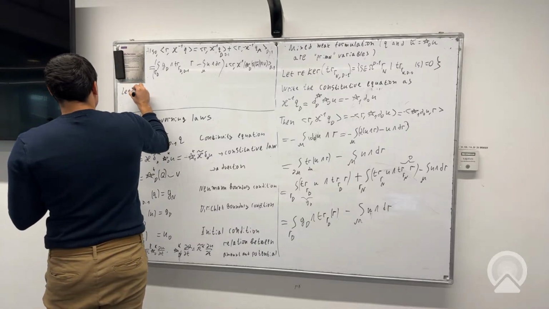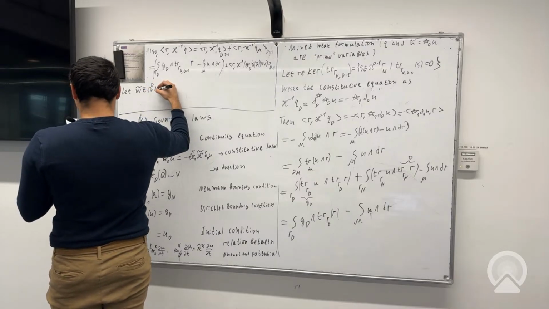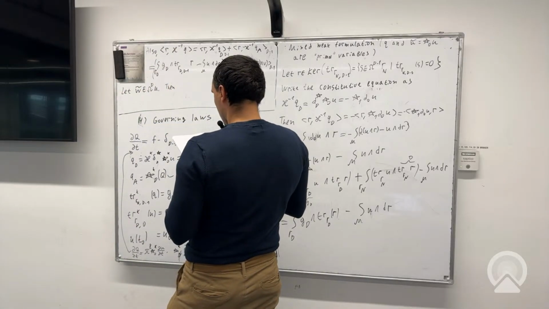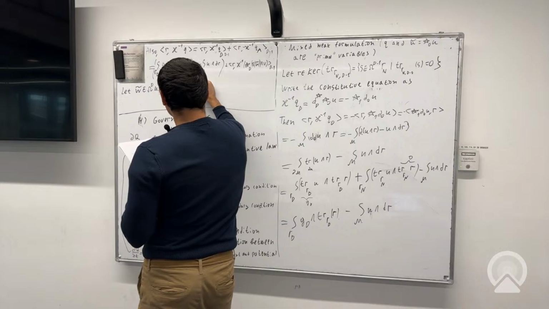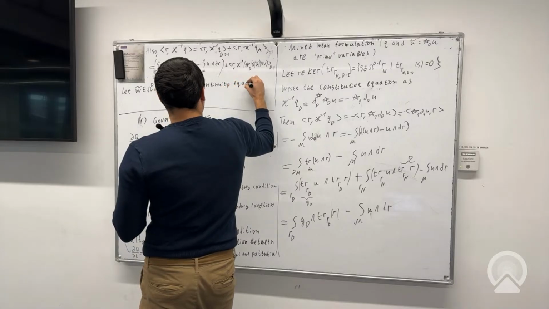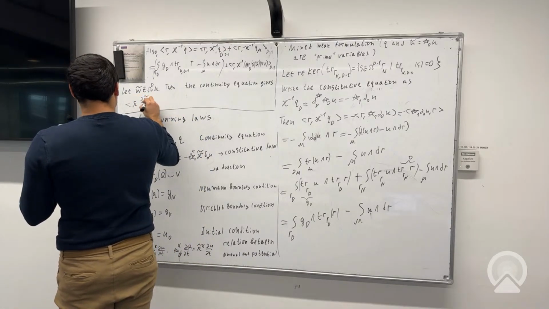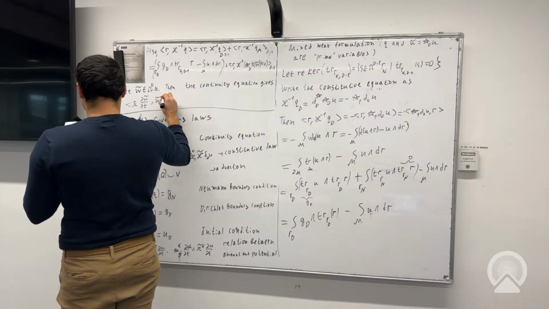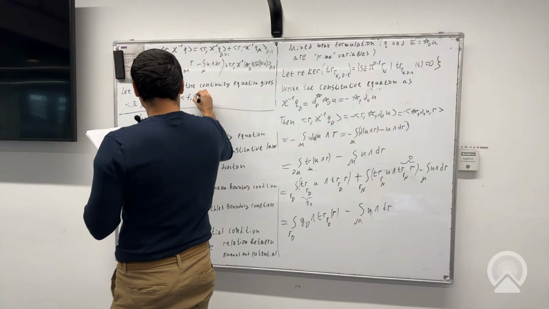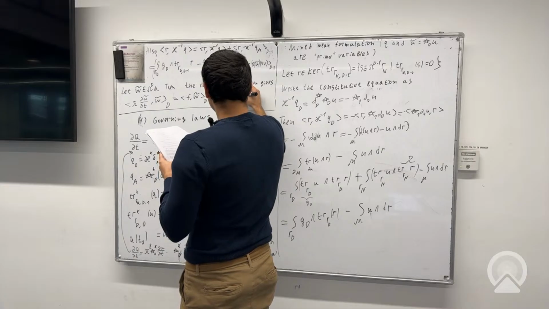Now let w tilde be another test function, but without any conditions for it. Then the continuity equation gives p du tilde dt w, this is D, is F W tilde minus D minus 1 Q W tilde.